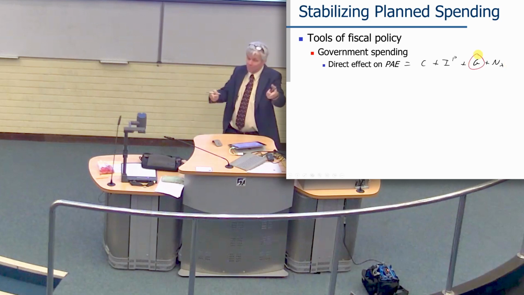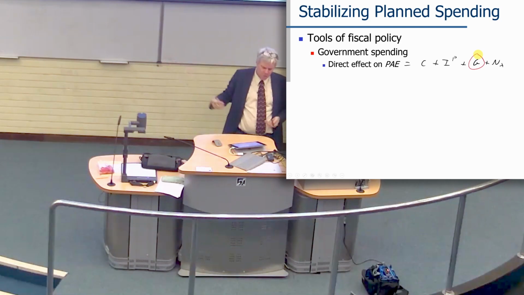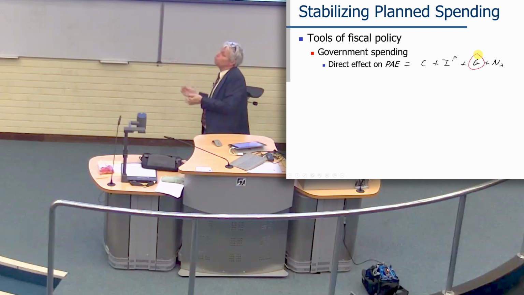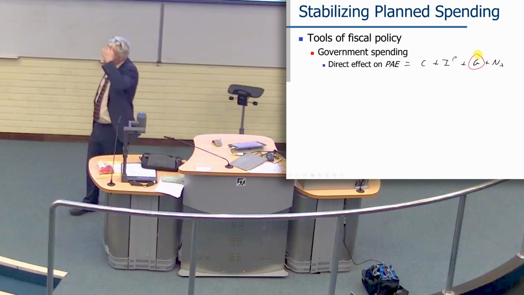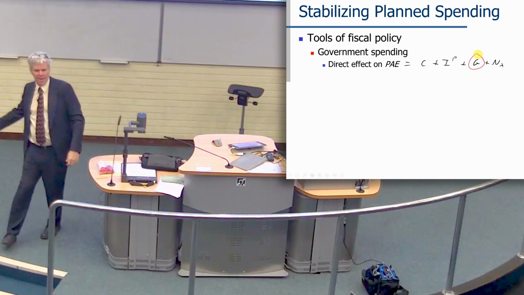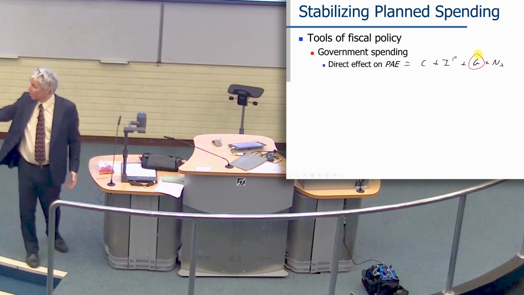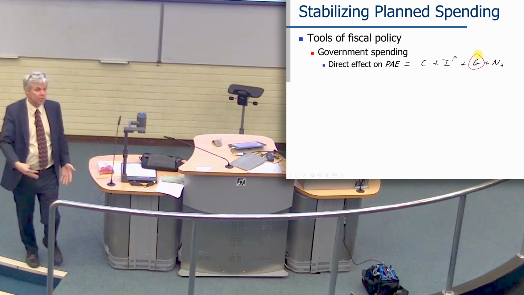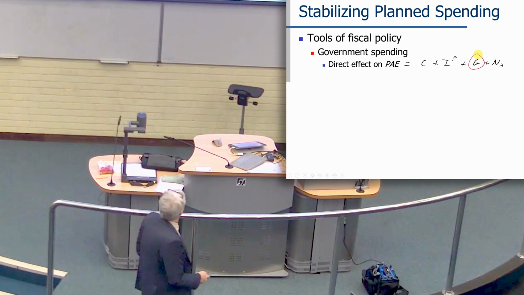It's part of what we're buying, right? If you want to buy Irish stuff, the government can buy Irish stuff. And so it will directly affect spending. So if output is low, the government can go out and say, haircuts for all employees. And everyone gets a haircut. That puts the barbers back to work. The barbers feel rich. They go off to the pub, and so on and so forth. You get the multiplier effect.